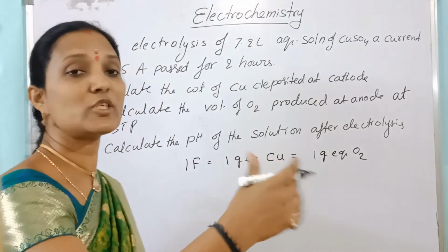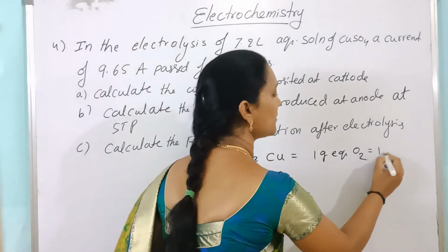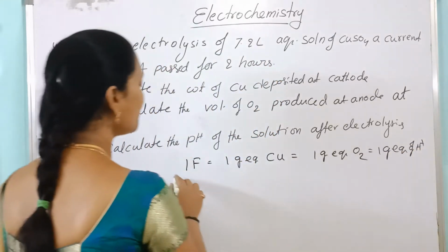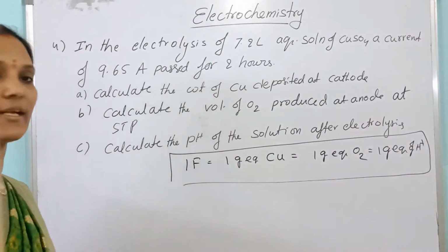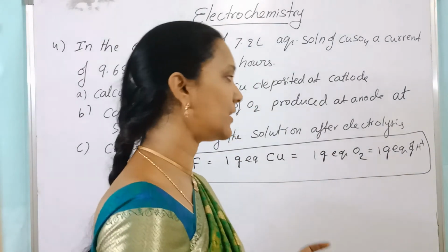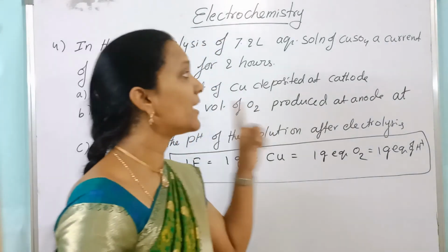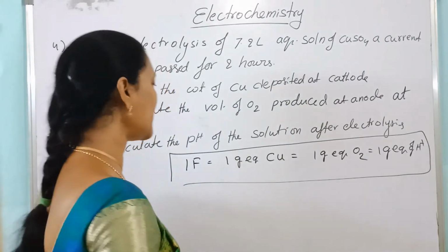Then OH minus is consumed, but here H plus is left. H plus left means it is 1 gram equivalent of H plus. So 1 Faraday produces 1 gram equivalent of copper, 1 gram equivalent of oxygen, 1 gram equivalent of H plus, because it is an aqueous copper sulfate solution.